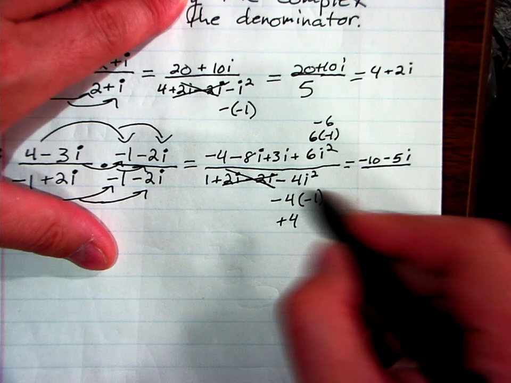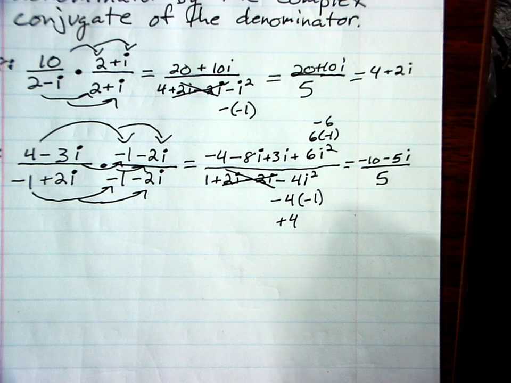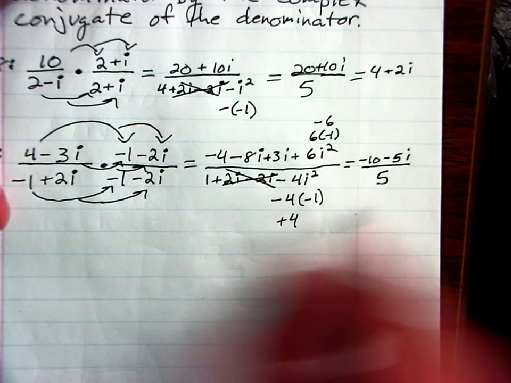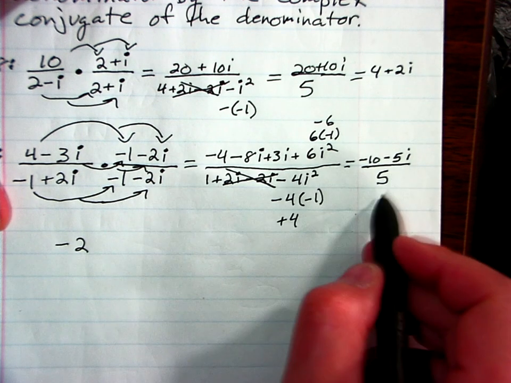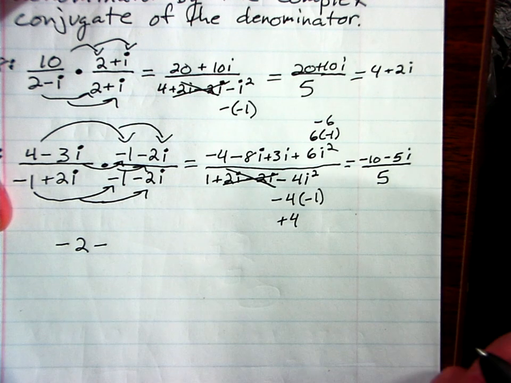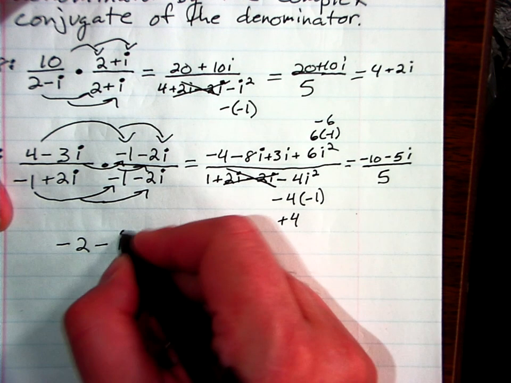So now what's left on bottom? 1 plus 4, which is 5. Will that reduce down? Negative 10 divided by 5 is negative 2, and negative 5i divided by 5 is just negative 1i, or negative i.